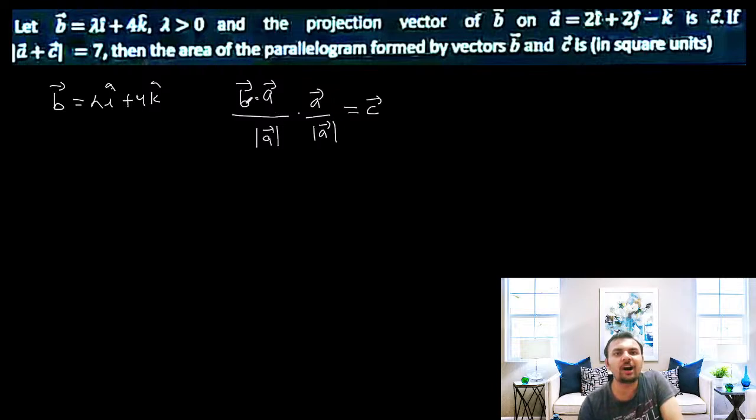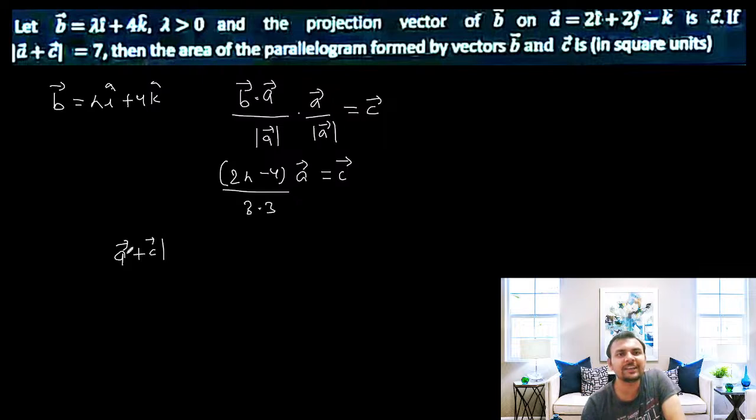So b dot a is nothing but 2 lambda minus 4 upon 3 into 3, and this is along A vector, which is C vector, isn't it? Now we are told that mod of A vector plus C vector is equal to 7.